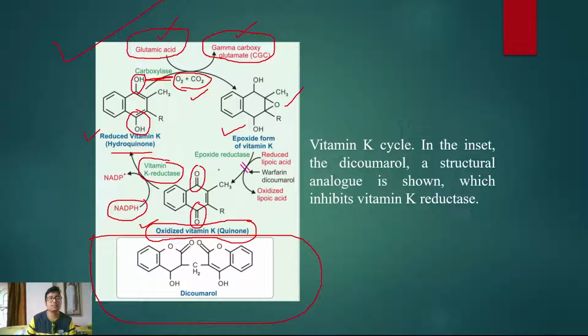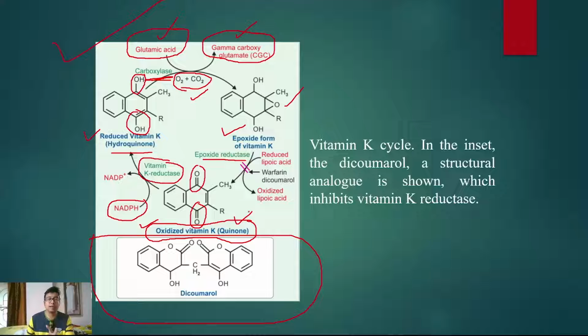How does it happen? It happens with the help of an epoxide reductase. Okay, you see, very easy, epoxide reductase. This epoxide reductase enzyme converts the epoxide form of vitamin K to the oxidized form of vitamin K. So now we are back to the quinone form, and thus the whole cycle is complete.